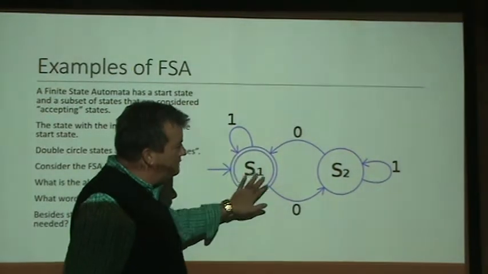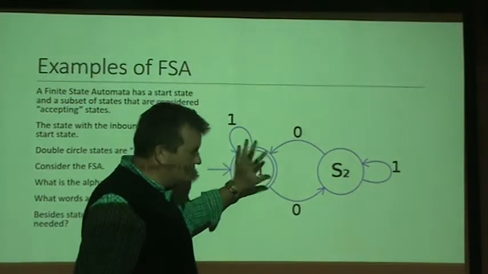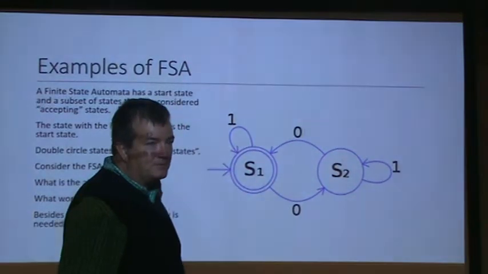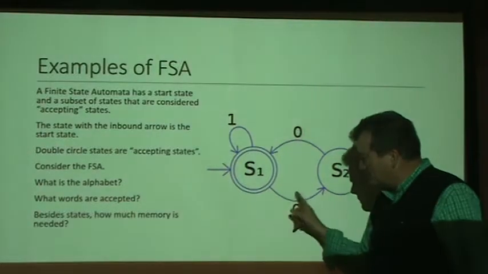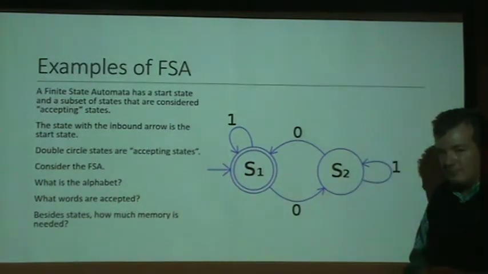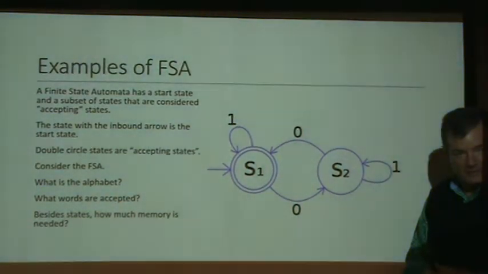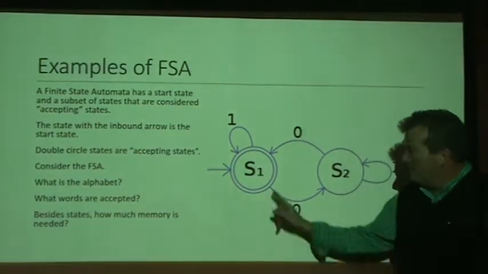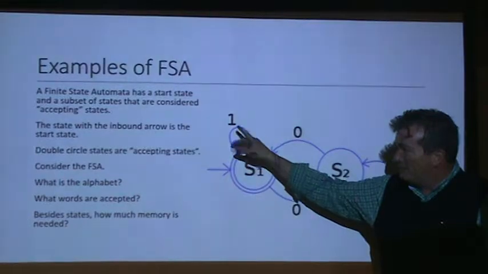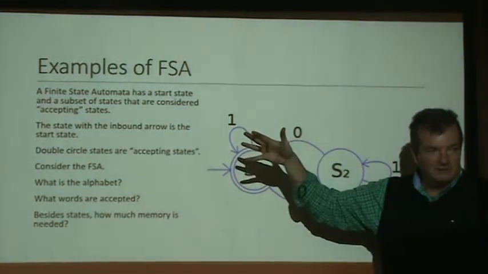So, what strings does this thing answer yes to? And can anyone see the pattern? What strings are we answering yes to? No one? All right. Okay. The string can have as many ones as it wants, including 0.